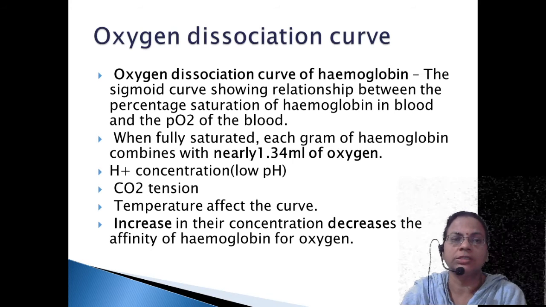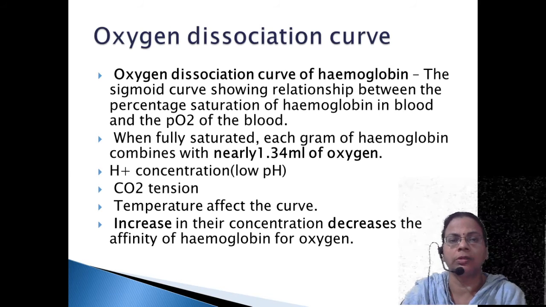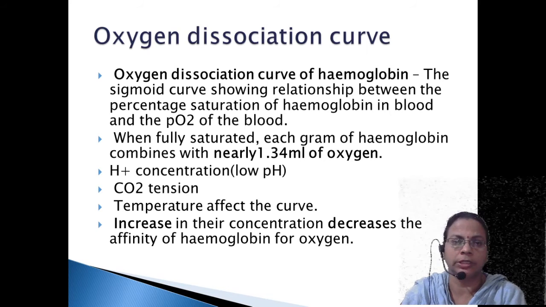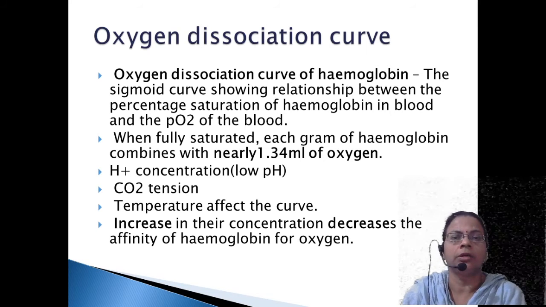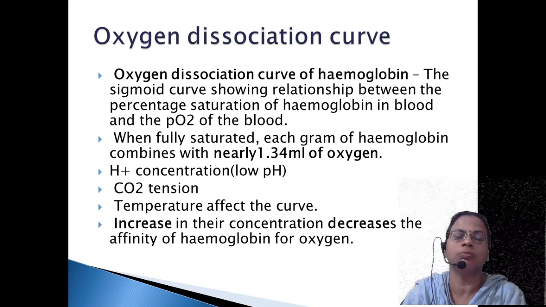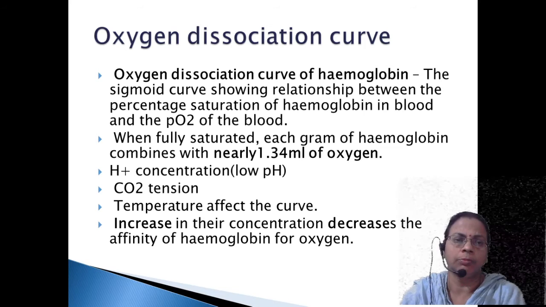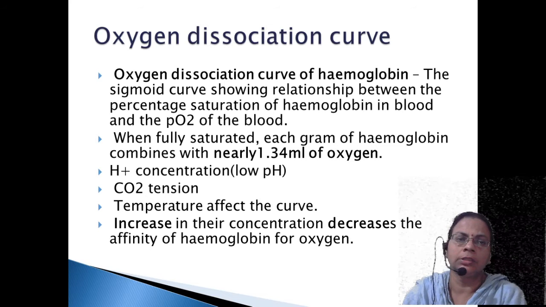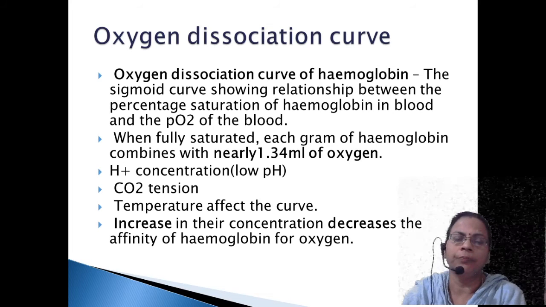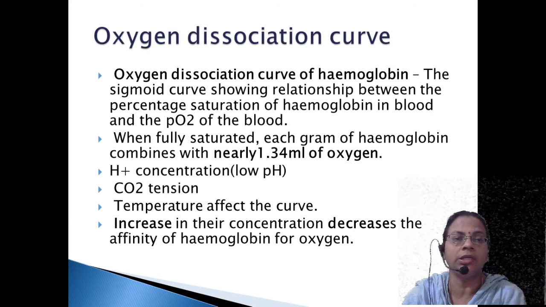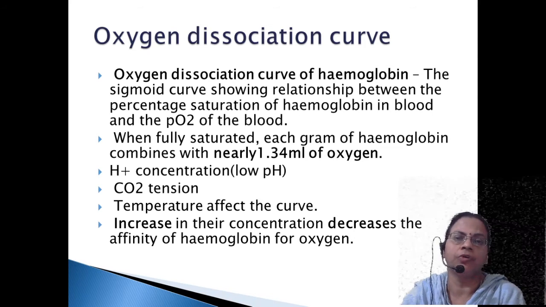But when we consider the affinity of hemoglobin, the very highest affinity is for carbon monoxide, 200 times more, which is poisonous. But normally in the atmosphere, the amount of carbon monoxide will be less. The next affinity is for carbon dioxide, then oxygen, and very little affinity for nitrogen.